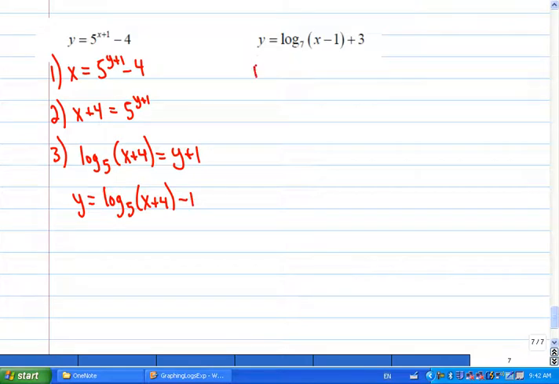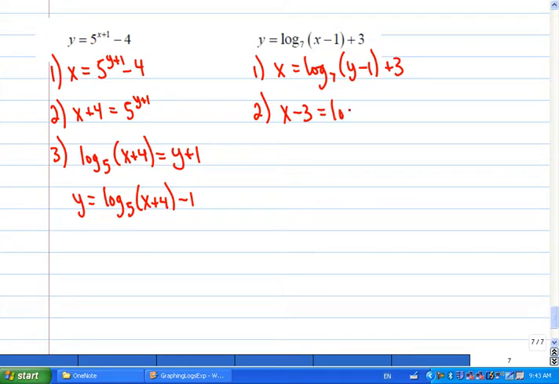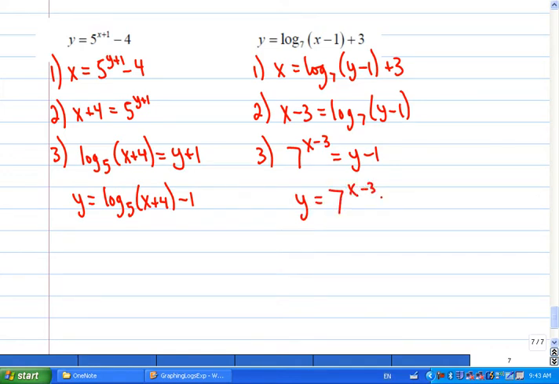And finally, x equals log base 7 of y minus 1 plus 3. X minus 3 is log base 7 of y minus 1. Now that it's isolated, I can rewrite it. So the inverse would be 7 to the x minus 3 plus 1.